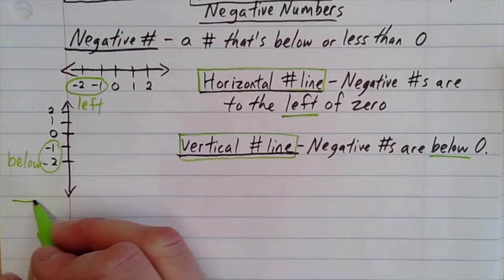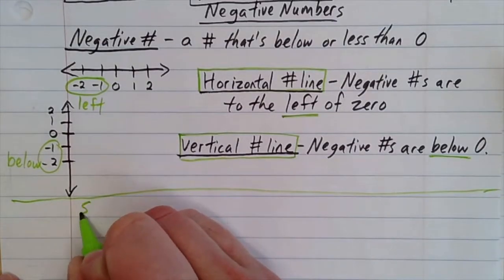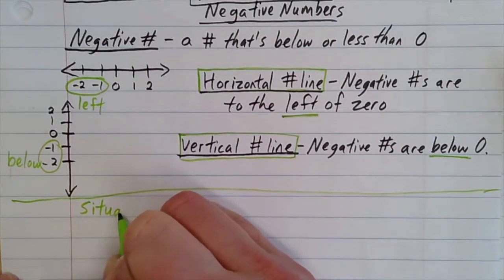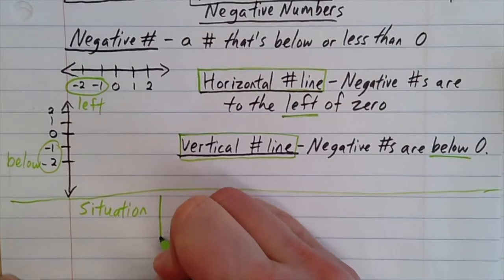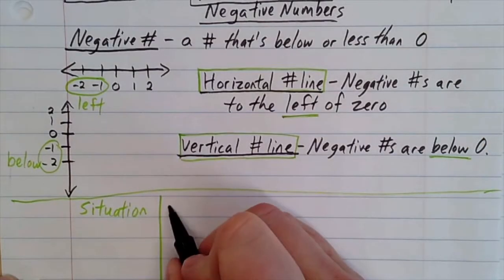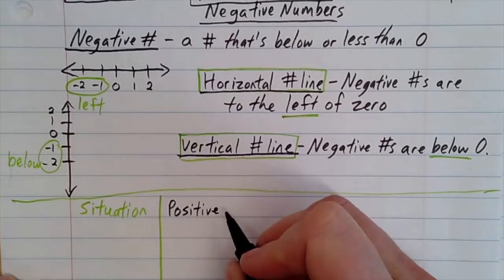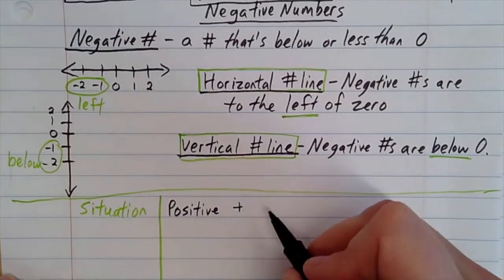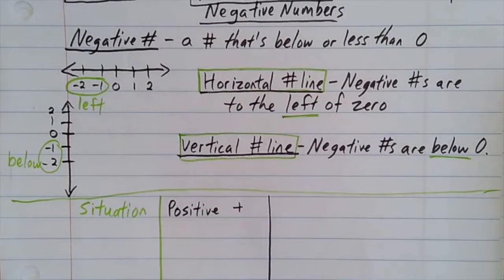Draw a line here. Gonna put a little table here. We've got situation. Go down a little bit, and then I'm going to change colors. We've got a positive, which is plus. Make that line here. Negative is going to be red.